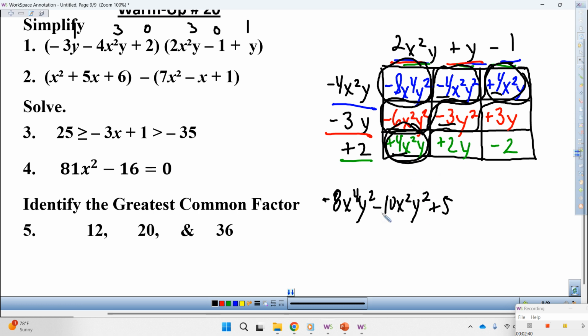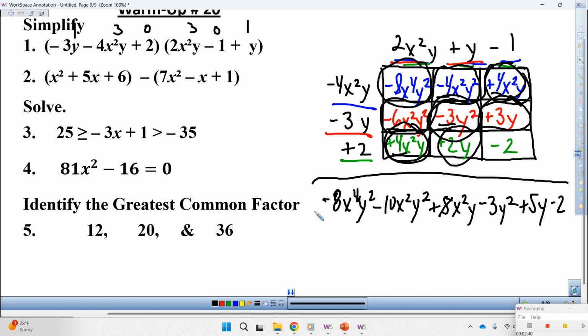So that gives us 8x squared y. Next, this one right here by itself, minus 3y squared. Then the y's, 2y plus 3y, that's 5y minus 2. Hands up if you got that by yourself. Some of us, okay.